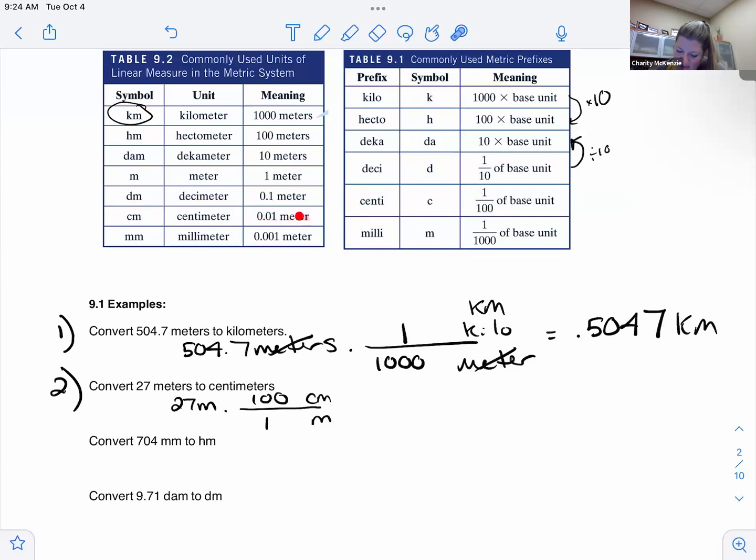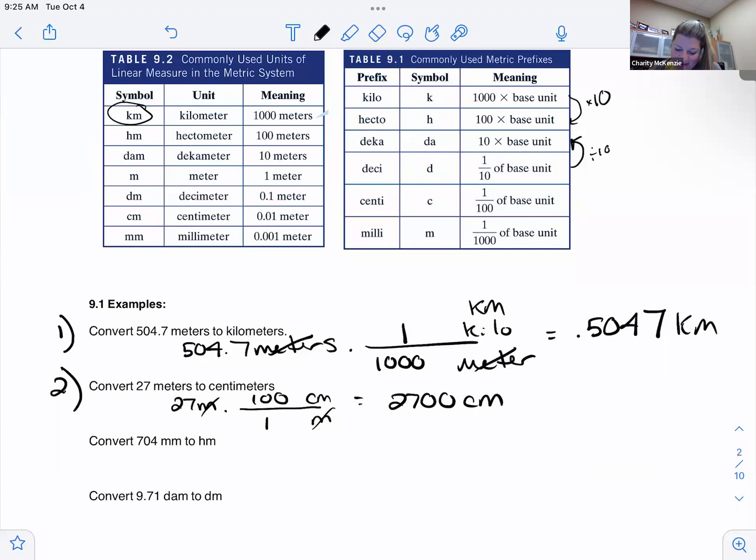Somehow you have to think there's 100 centimeters in each meter. So then from here, I'm going to times that, cancel our meters, and I get 2,700 centimeters, excuse me.